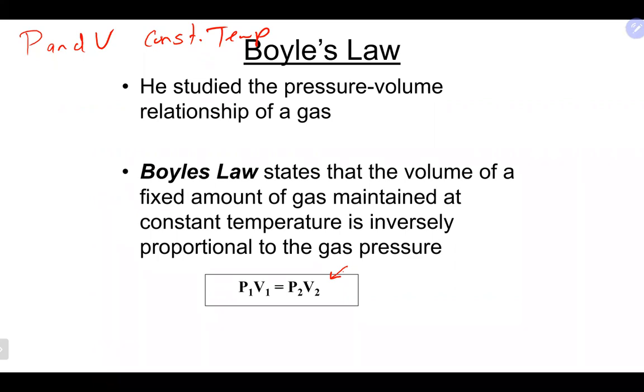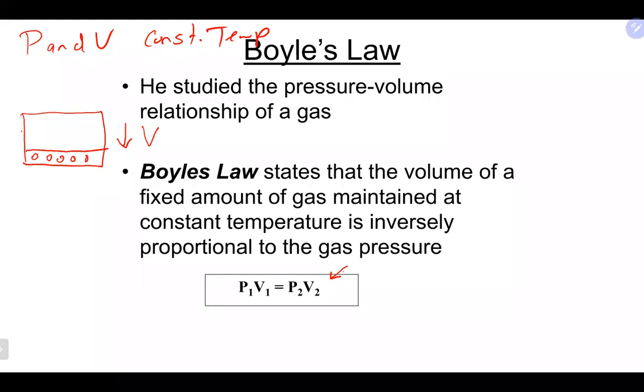So what is the relationship here? When we talk about gases, if I have a gas and I decide to decrease the volume, that means all my gas molecules are now in this little spot right here.